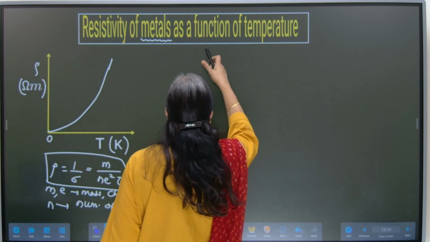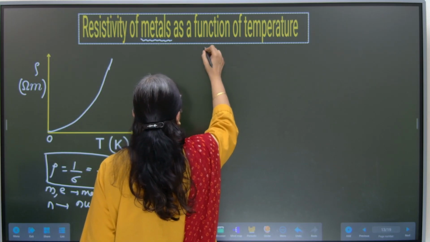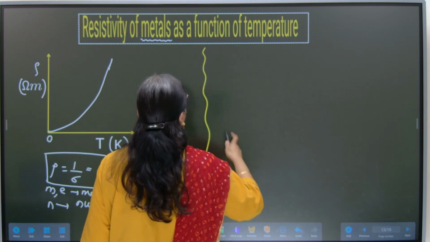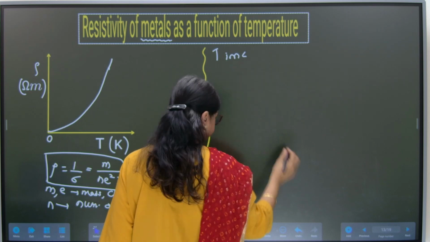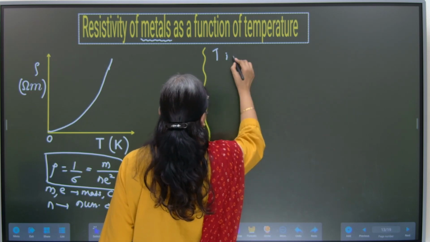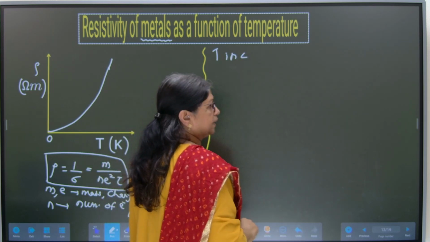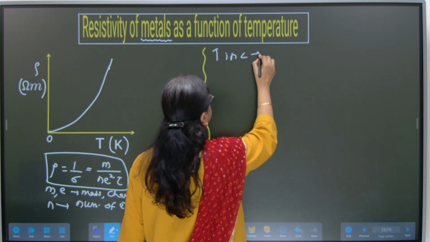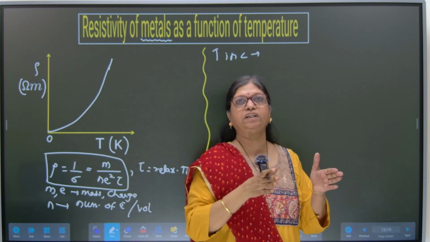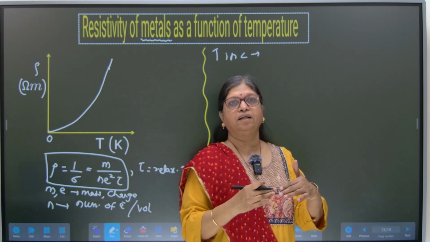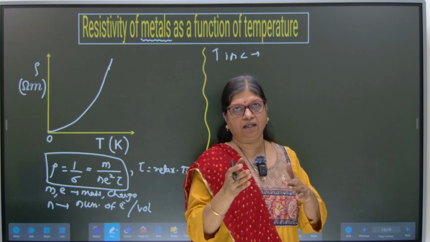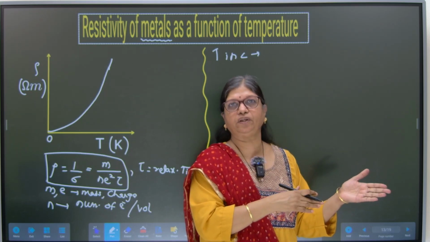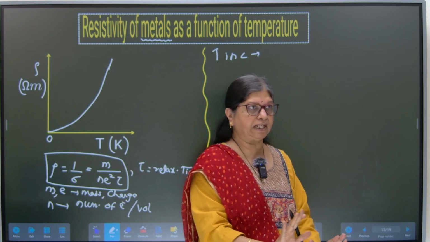Now, as temperature increases, the electrons will start colliding with each other faster compared to the previous temperature which was less.